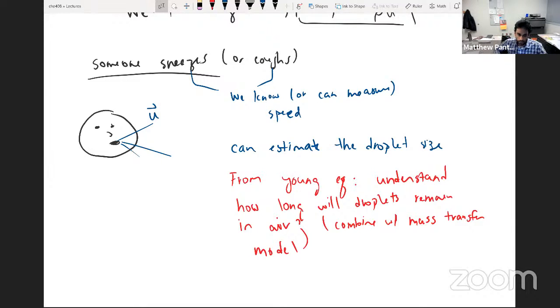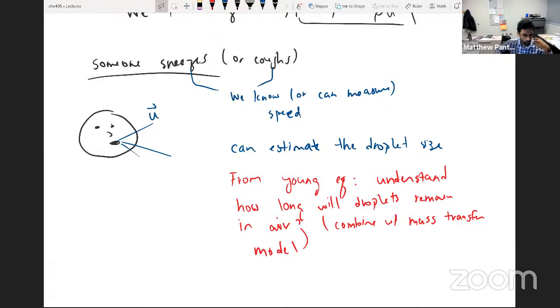even if things are smaller than a filter size, they can be quite effective at catching particles. So for example, if you have a 200 micron filter, and you have a droplet, say, half that size, you can use similar relationships to what you've learned for membranes in the separation science class to understand how effective an N95 mask or even a cloth mask would be at catching these type of droplets.